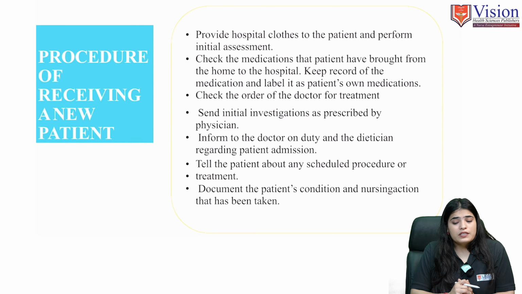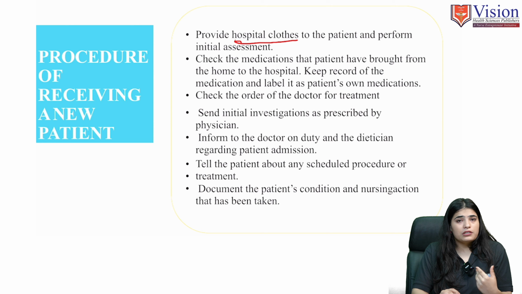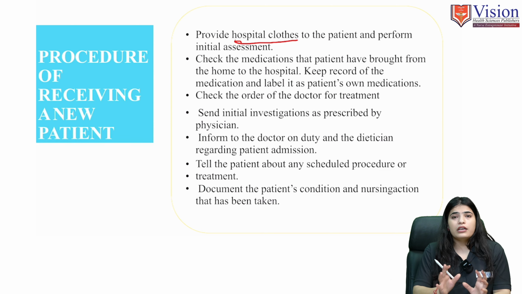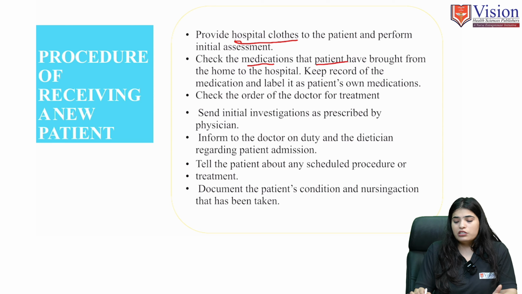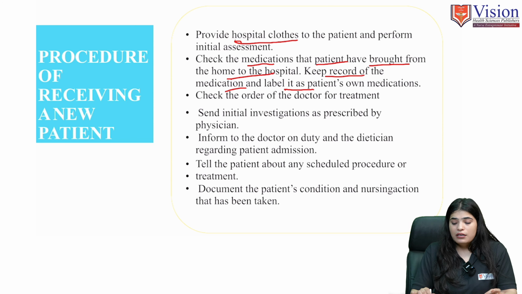So what is the procedure of receiving a new patient? Same as that, we have to provide hospital clothes to the patient so that the patient can change into a hospital gown. Check the medications that the patient has brought from home to the hospital. Keep the record of the medications and label it as the patient's own medication.